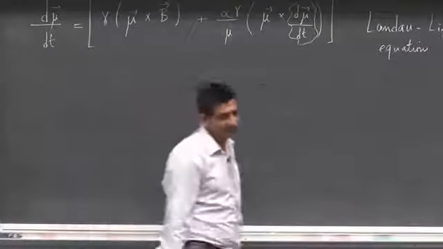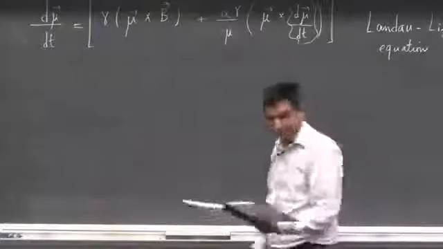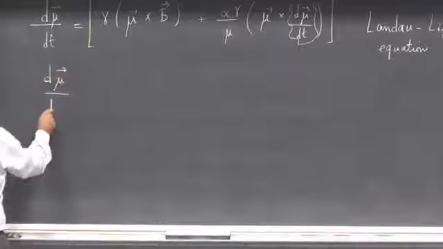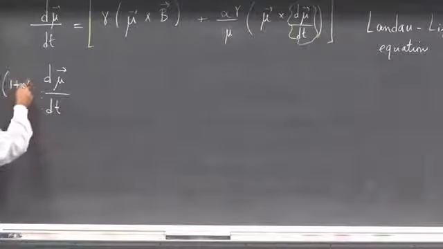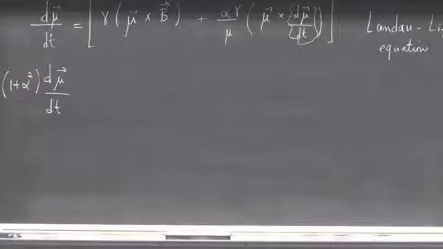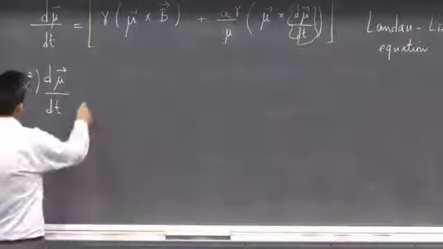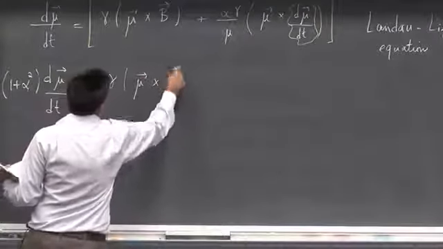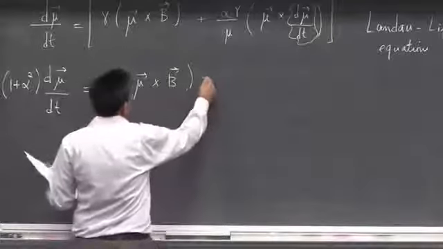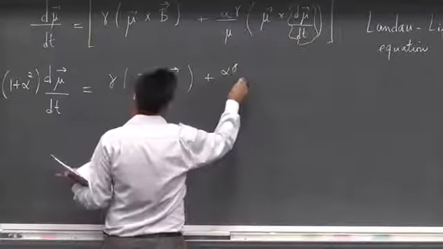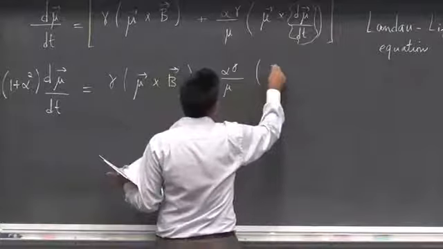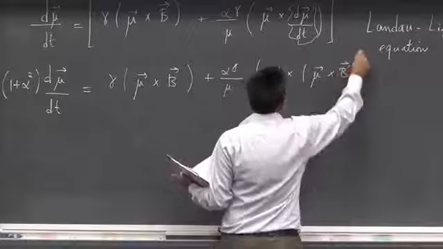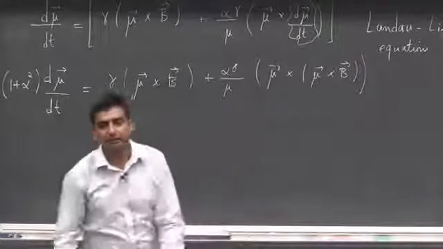It's an algebraic step that you need to perform, and the final result that you get is the following: d mu by dt times 1 plus alpha squared, which is just a phenomenological constant, is equal to gamma mu crossed with B plus alpha gamma over mu times mu crossed with mu crossed with B. It's a nice analytical form that we obtain.